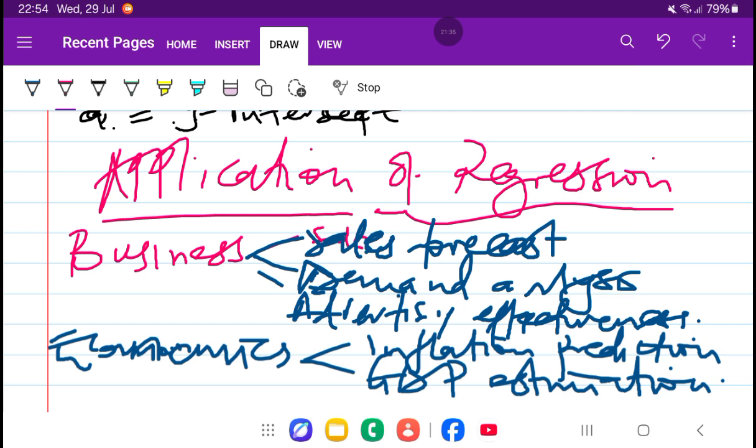Of course, you can also use it to identify the various factors that can lead to students achieving whatever they have achieved. If students are performing badly, we can use regression analysis to analyze whether it is maybe because they didn't attend their lectures, or was it because they didn't revise?